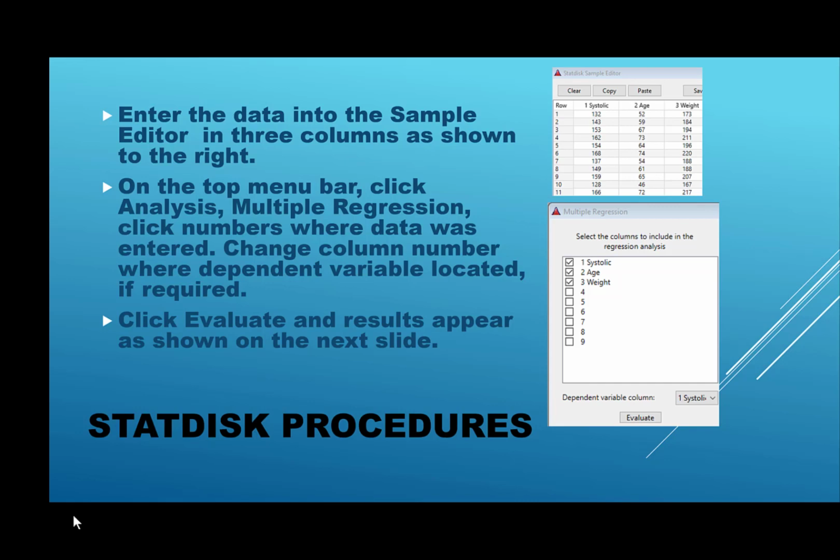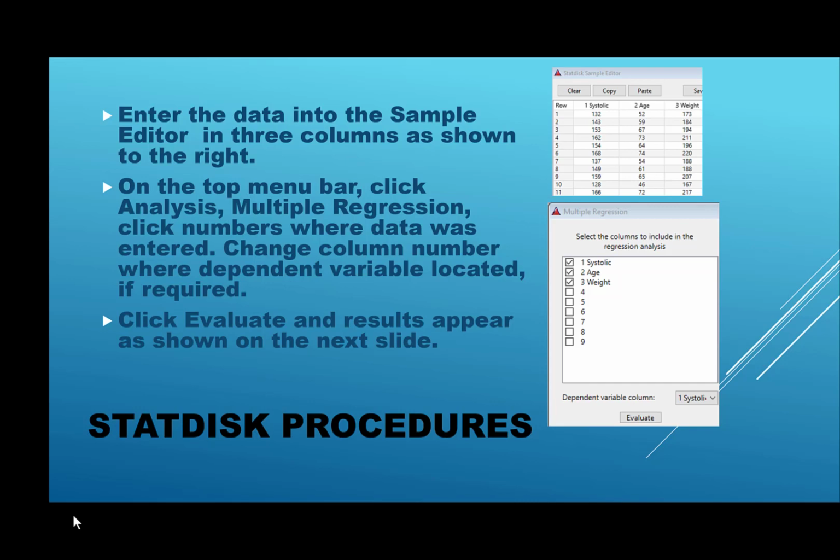Once we have entered the data, we would look at the top menu bar in Statdisk, and you would click Analysis. At that point, a pull-down menu appears, and you would choose Regression, Multiple Regression. The next menu, the one below, appears once you've done that.